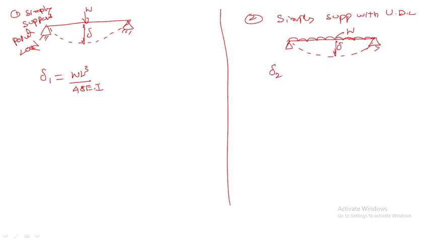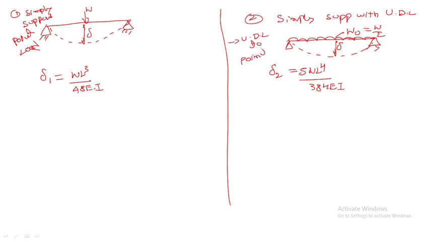Now deflection at this point is WL raised to 4 divided by 384 EI. That is WL raised to 4 divided by 384 EI. So we have to convert this W, we can say this is W naught, W by L, means we have to convert UDL to point load.